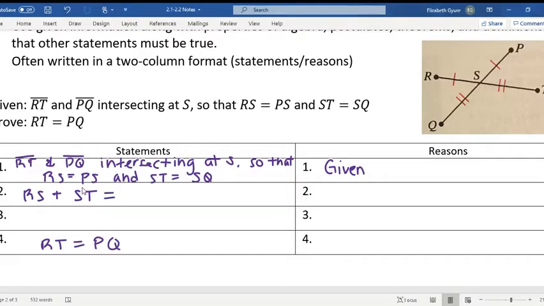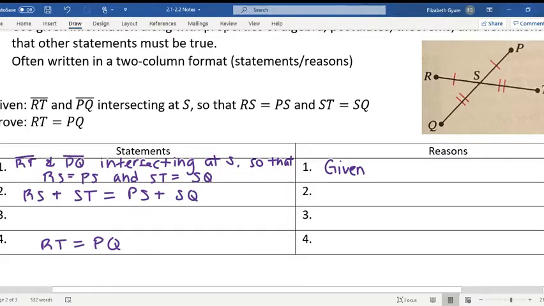Well, that means on the other side, I still have my measure of PS, but I'm allowed, according to my addition property, to add an equivalent value. The measure of SQ is equivalent to the measure of ST. So I could add the measure of SQ to either side there, right?